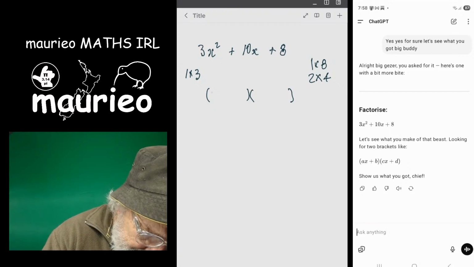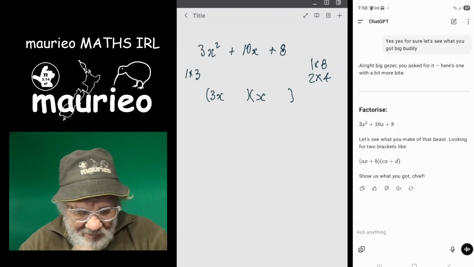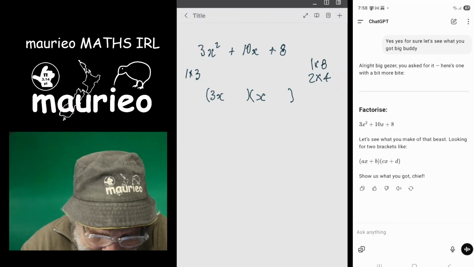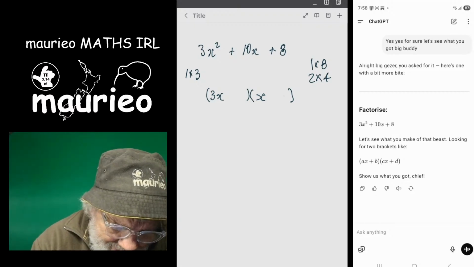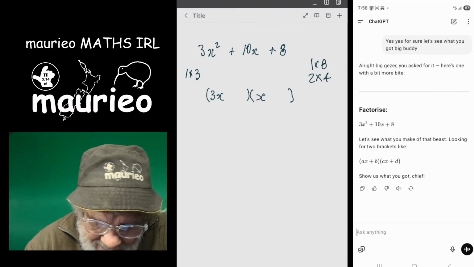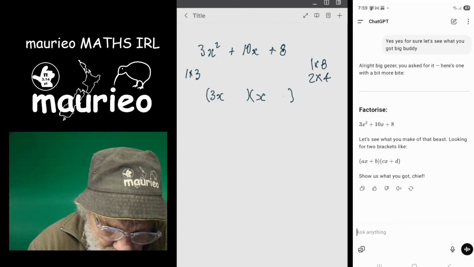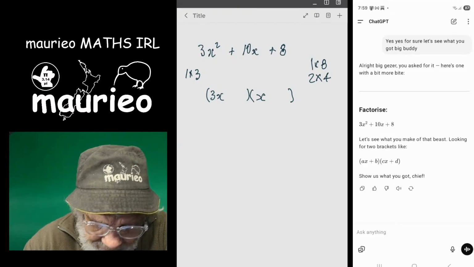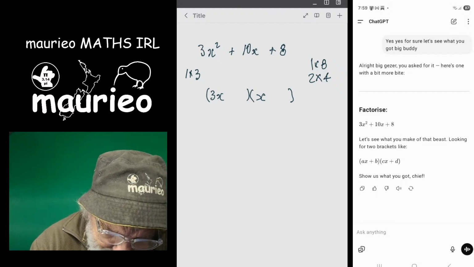Right. So now let's put it down here and see what we get. I think we can safely put 3x there and x there, and that'll give us the 3x squared. But we want to get 8. If we put the 8 over there, I don't think it's 8 and 1. If we put the 4 over there, we're going to get 12.